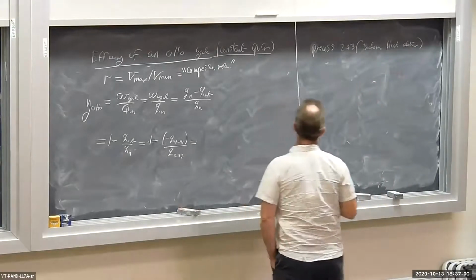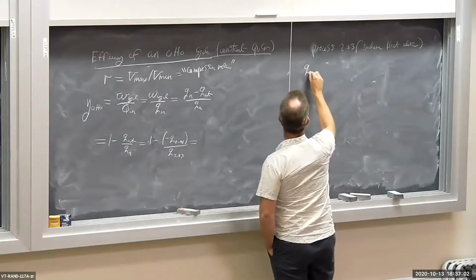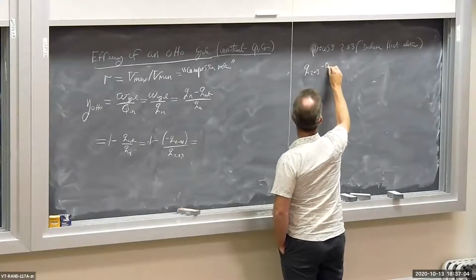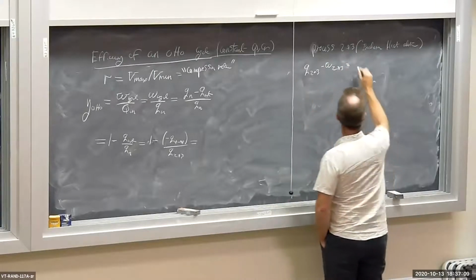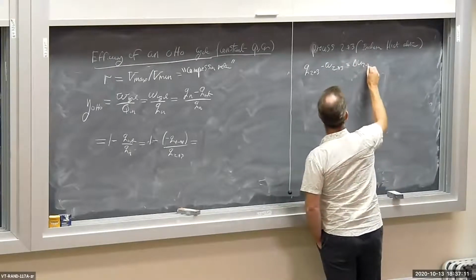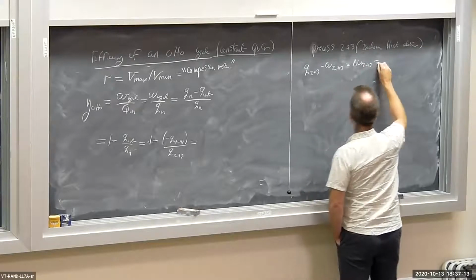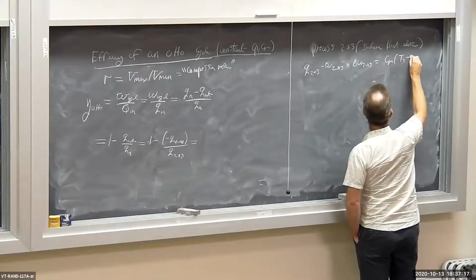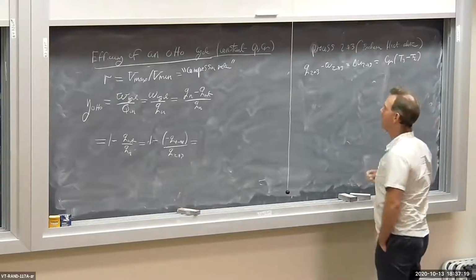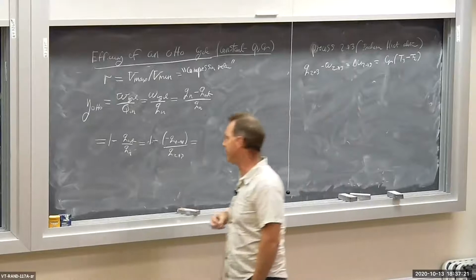Applying the energy balance, we have Q2 to 3 minus W2 to 3 is equal to delta U 2 to 3. And if we assume constant specific heats, that's going to be Cv times T3 minus T2. Okay, so that's Q2 to 3.